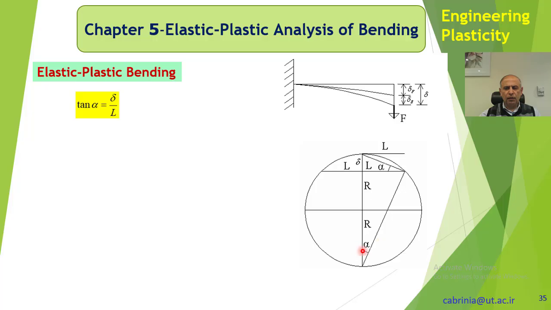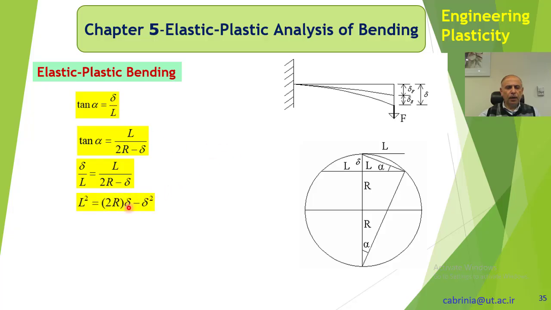We know that this is true, since tangent alpha is delta over L. Okay, this tangent alpha is delta over L. And also for the big triangle, tangent alpha is equal to L over this part, which is 2R minus delta. And then equating these two, we get L squared equal to 2R delta minus delta squared.